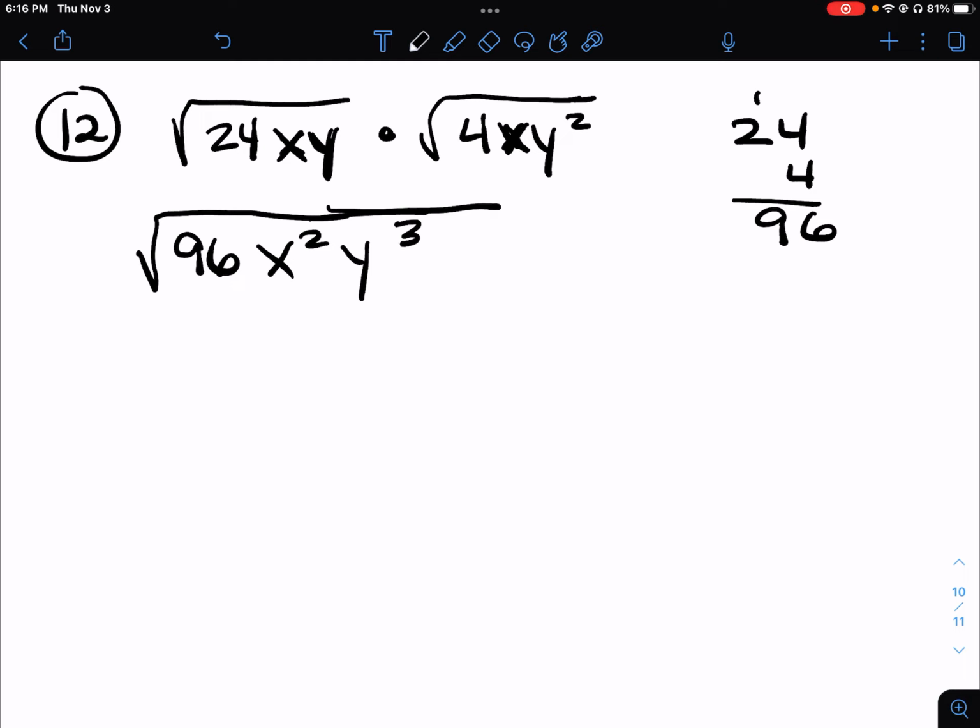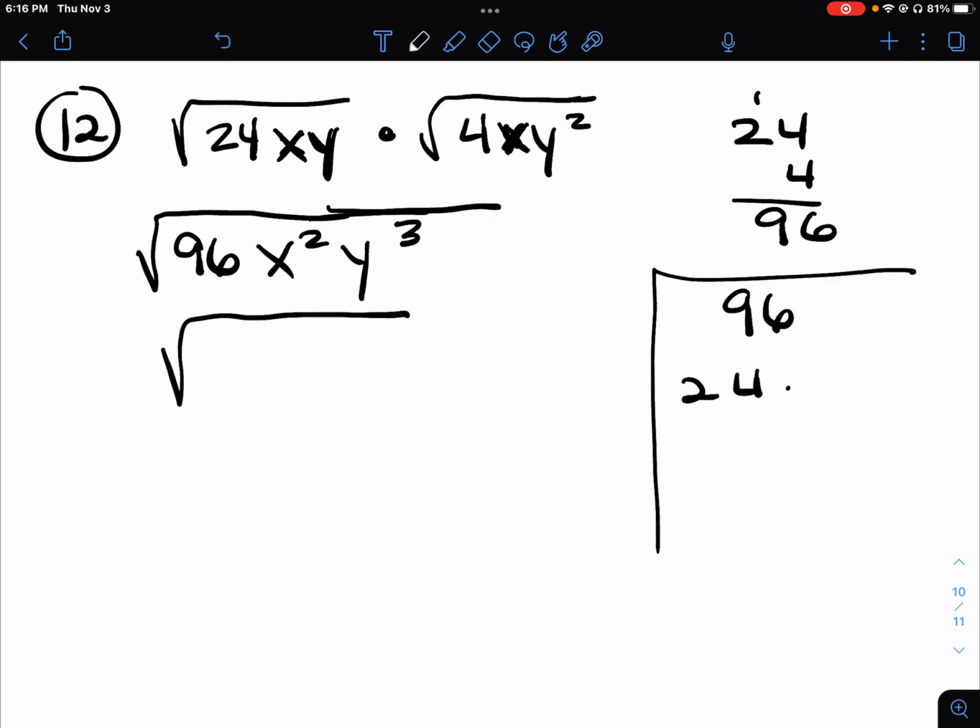Now we want to break these down into things that we can take the square root of. 96 came from 24 times 4. Actually, let's do that on the side. 96 is 24 times 4. 4 goes into 24, so 24 is 4 times 6.